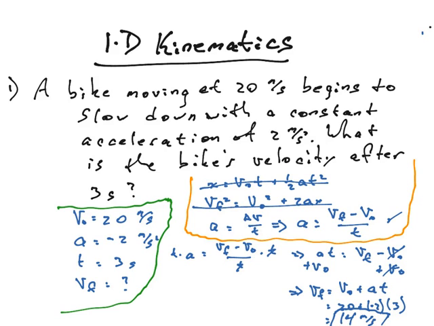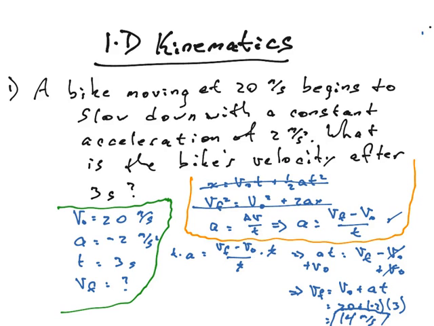How do you figure out which equation to use? Go down the list of all your equations and ask, does this equation have the thing I'm looking for in it? If it does, then you can move on to question 2. If it does not have the variable you're looking for, then you know you can't use it and you move on to the next equation. So the first equation didn't have a VF, so I automatically moved to the second equation.